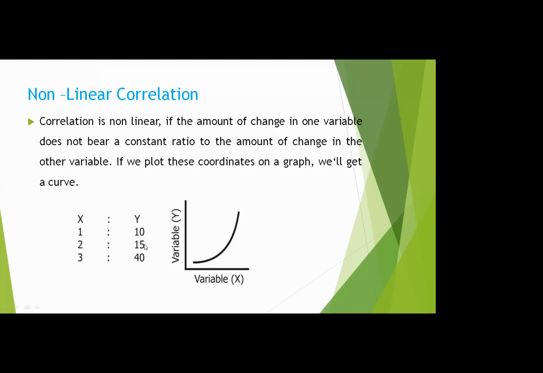So a 5 unit change occurred between 10 and 15. At the next level, 2 to 3, here also a 1 unit change occurred on the x-axis, but the change between these two is 25. So here we can observe an increase, but that increase is not a constant amount.